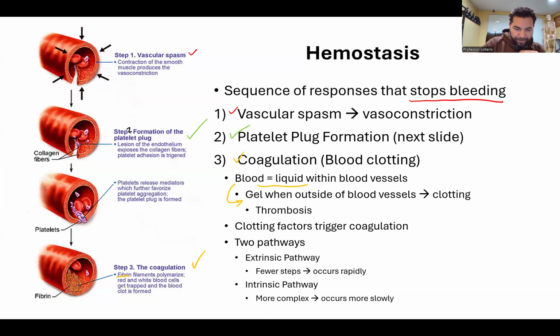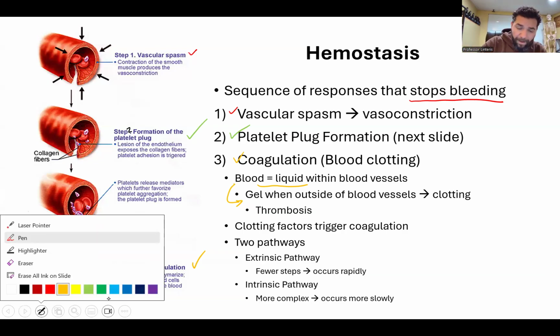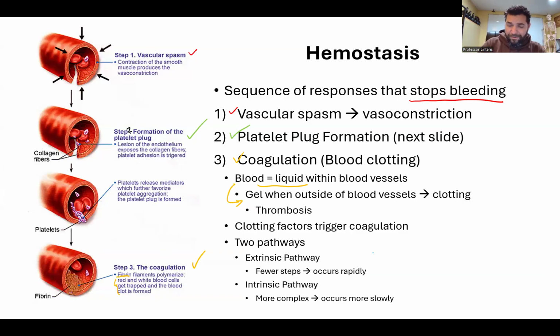So you can see here, red and white blood cells get trapped, and the blood clot is formed. And basically, we seal that up. Once the blood vessel or the endothelial tissue heals, then we want to dissolve that clot, and that's basically what the next couple slides are. I'm going to mention this, but I'm going to tell you what you have to focus on. There's an extrinsic pathway, which occurs more rapidly, which happens outside the blood vessel.